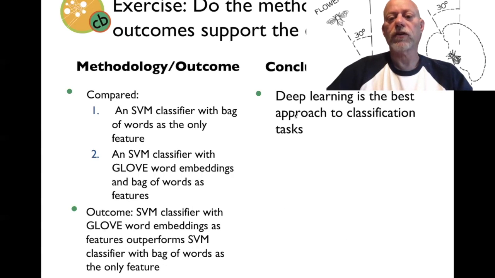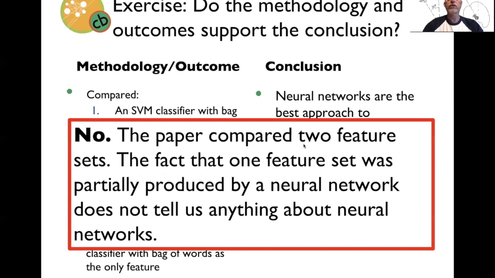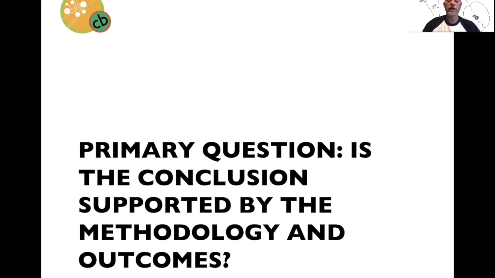So here's a little exercise for how to answer the major question in evaluating the conclusion of a paper. Is the conclusion, in the sense of that statement that is implied by the premises or that follows necessarily from the premises, supported by the methodology of the paper and then the outcomes of the experiments that were done?